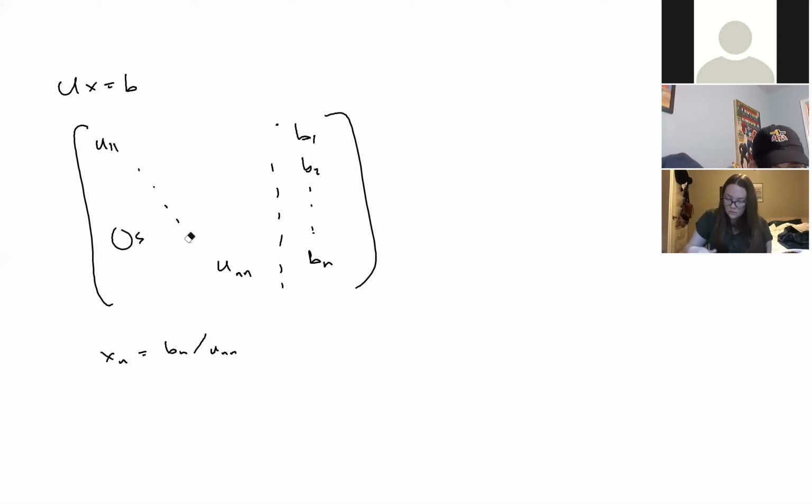So you'd have, let's see, this is the n minus 1, n entry. Now what we would do next is, let's pretend we turned this into a 1.